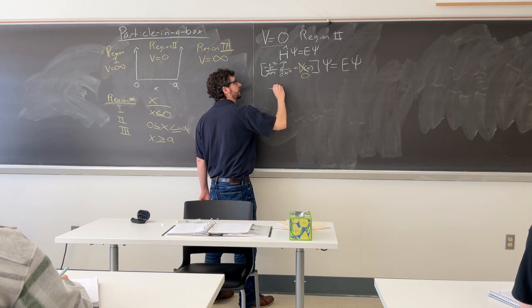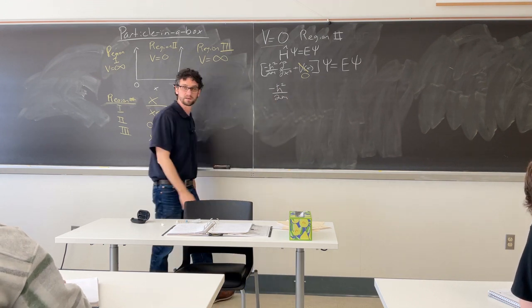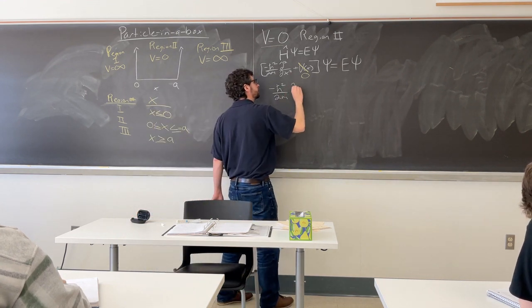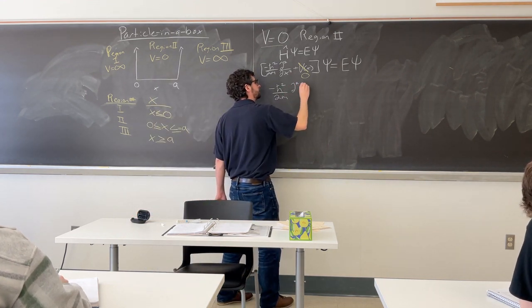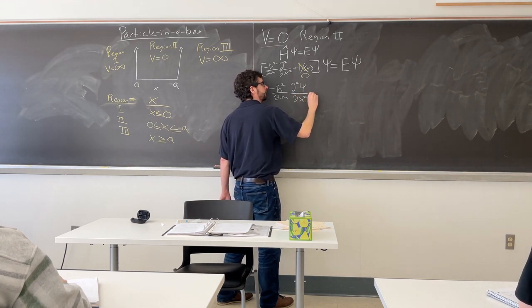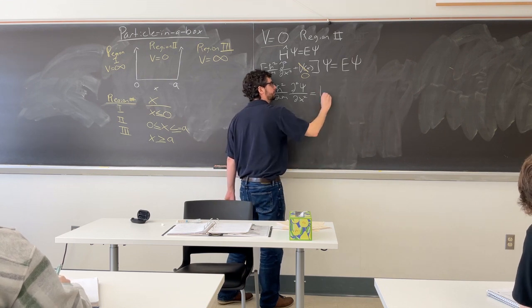We get negative h bar squared over 2m. What do we take the second derivative of? Yeah, the wave function. And that's equal to what?